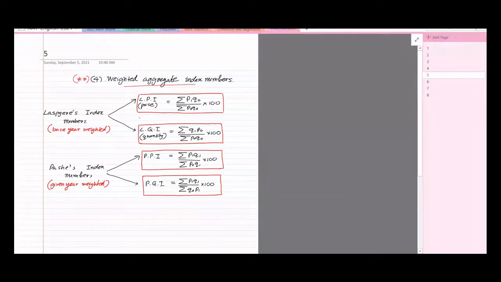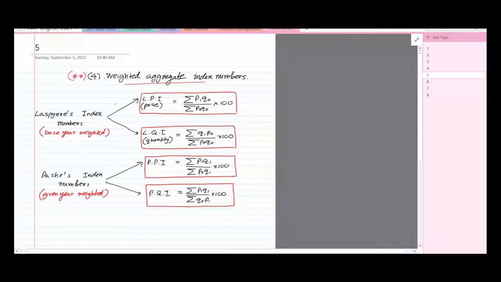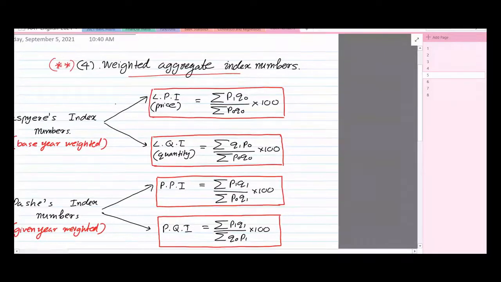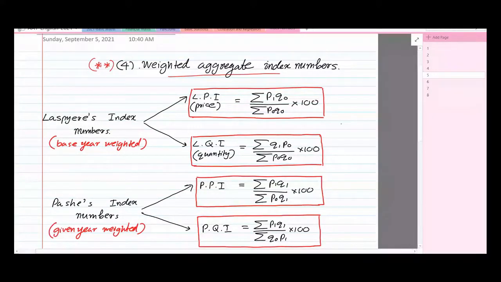Here we have weighted aggregate index numbers. Last year's index number means base weighted, and Paasche index numbers means current year weighted.